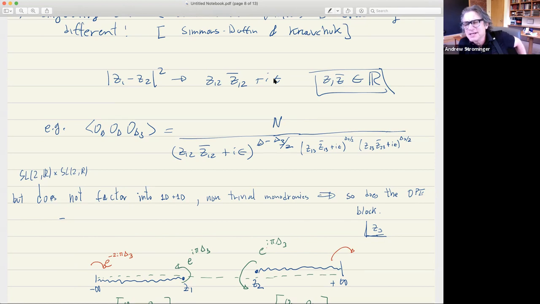I thought you had OPEs that had singularities just in Z12, and also we would have Z bar 12. And once you're varying Z12 and Z bar 12 independently, you're effectively in 2,2 signature.